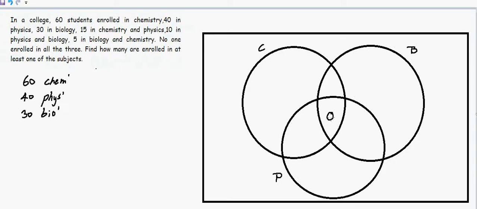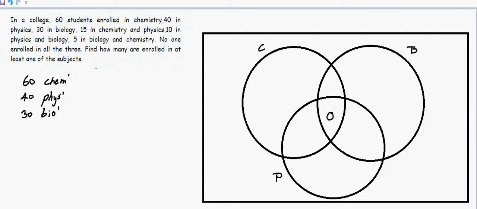So now I've got that, I'll reread the question and see if we can put some information in. So it says 15 are doing chemistry and physics. So chemistry and physics would be in the intersection between chemistry and physics, in this area here.